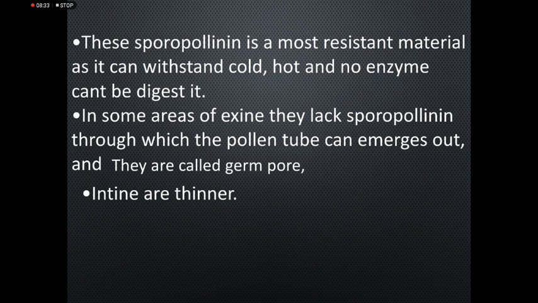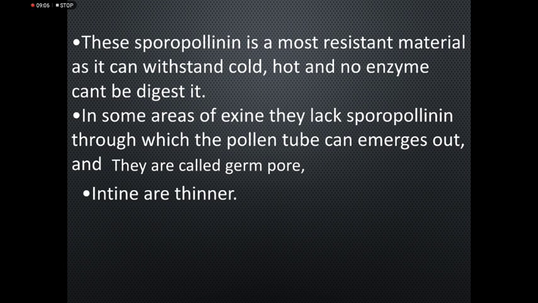Sporopollenin is the most resistant material as it can withstand cold and heat, and no enzyme can digest it. That means this sporopollenin, the material that makes the exine of pollen grains, is the most resistant material so that the pollen grain can withstand cold, hot and extreme conditions.